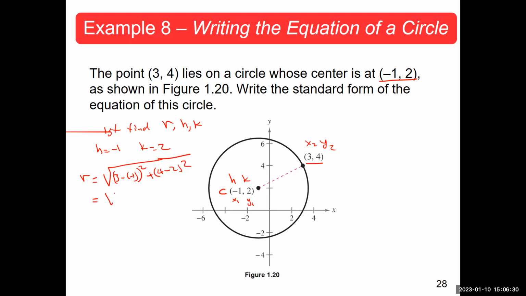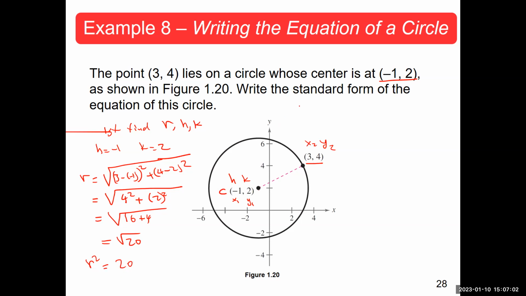Equal square root of positive, this is 4 square plus 4 minus 2 is 2 square. That's going to give us square root of 16 plus 4. That's square root of 20. So that is the R value. Then in the equation of the circle, I'm looking for R square equal 20.